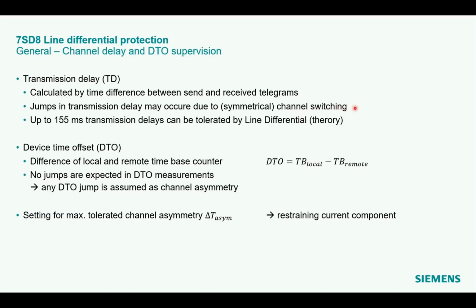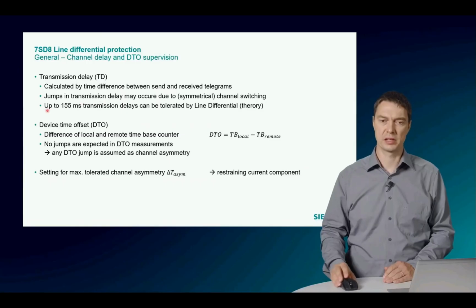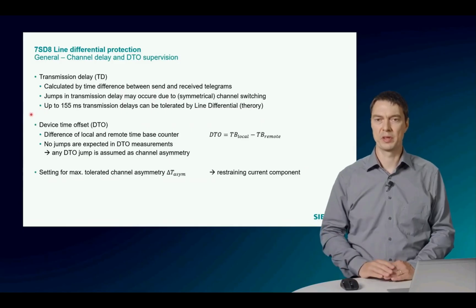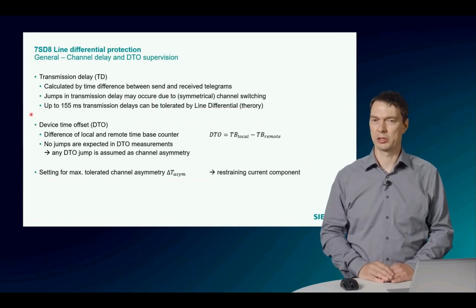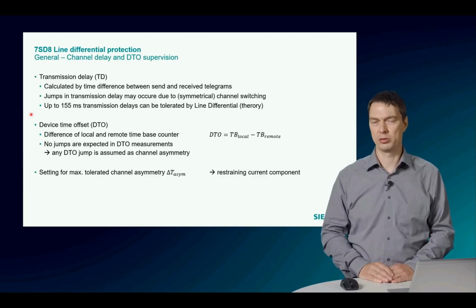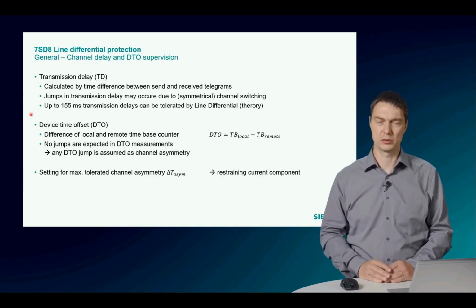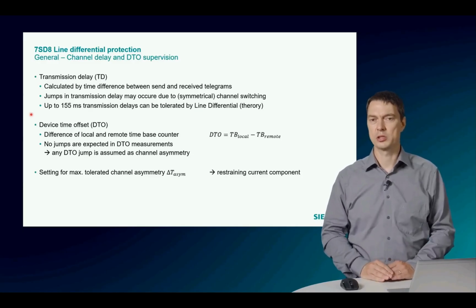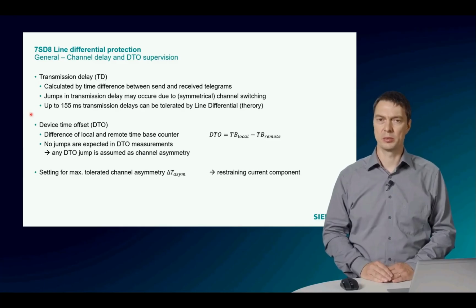This is detected and compensated. The algorithm can handle up to 155 milliseconds of transmission delay. But this is more a theoretical value. Normally you will tolerate only a few milliseconds or 10 milliseconds of transmission delay. Otherwise, the communication channel might not be suitable for this protection principle.